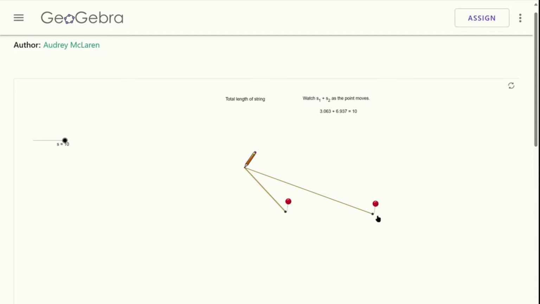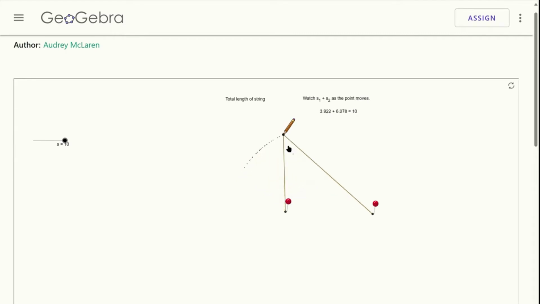Basically, you take two thumbtacks, put them in something like a cardboard, then take a piece of string of a certain length, whatever length you like, and then you draw it until it's nicely tight here, and then you just go ahead and start keeping it as tight as possible. You go ahead and start moving it like this, okay? And as you do, you're going to basically draw the ellipse.